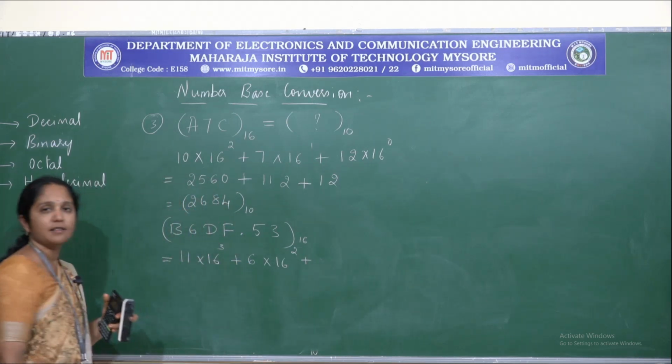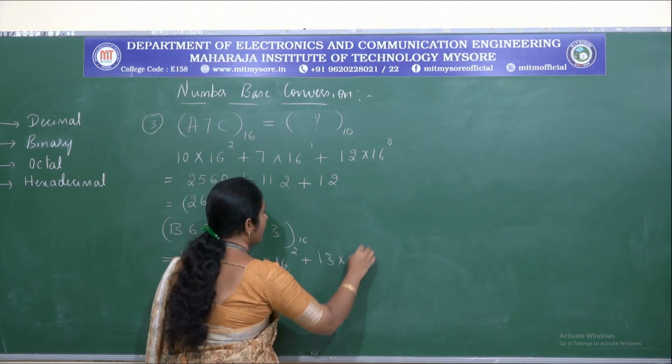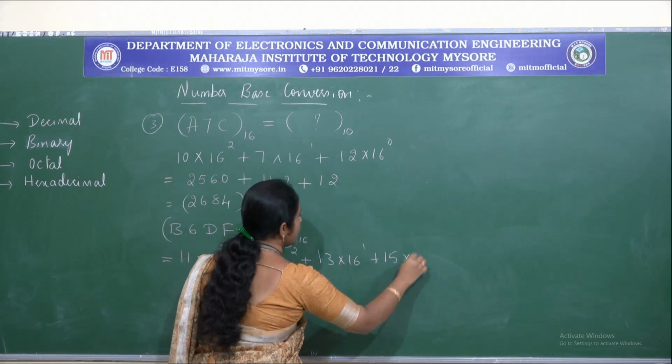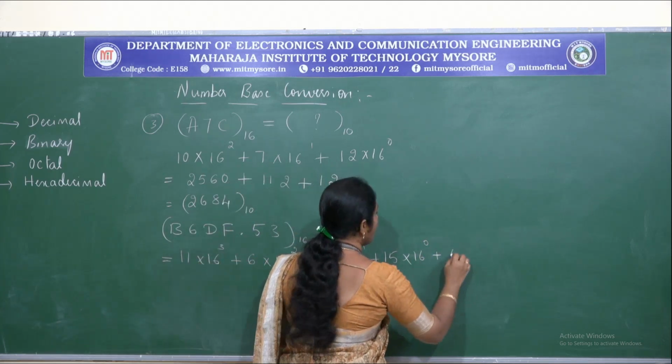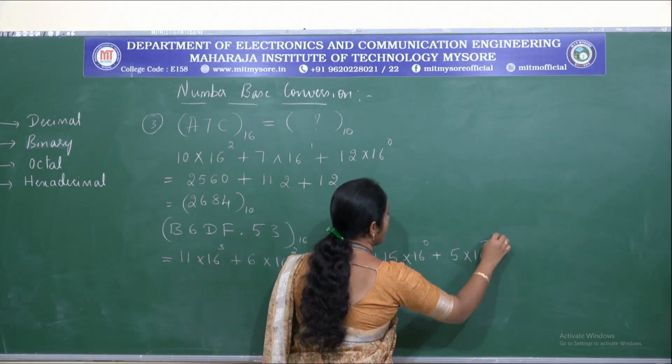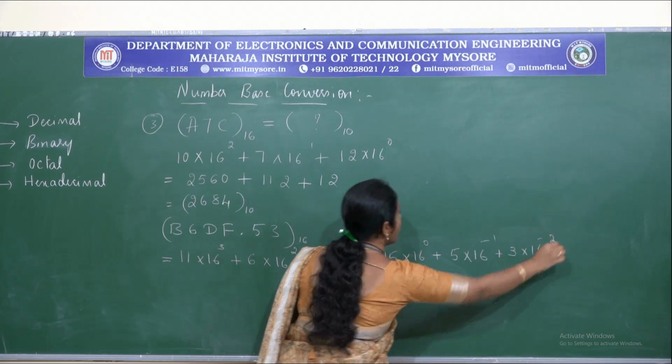D is nothing but 13. So 13 into 16 power 1 plus 15 into 16 power 0 plus next we have 5. 5 into 16 power minus 1 plus 3 into 16 power minus 2.